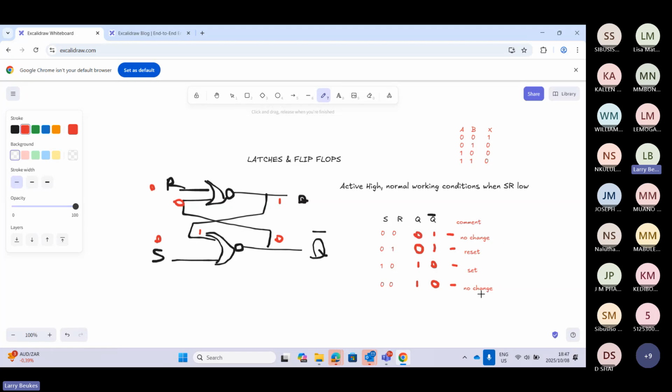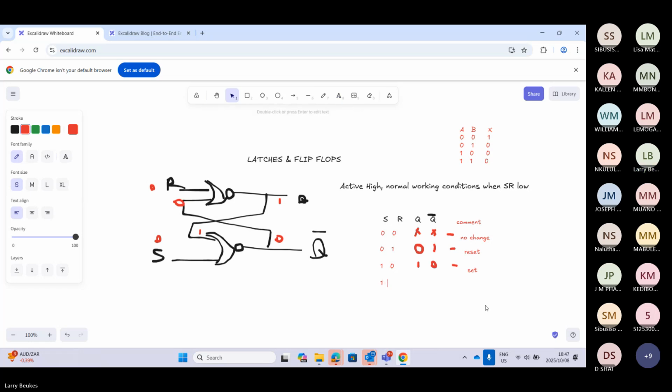Let's do it like that so that you follow the same standard for this truth table, right? Basically, the output will not change. It will be the same as it was in the previous state, right? So now let's have 1, 1.